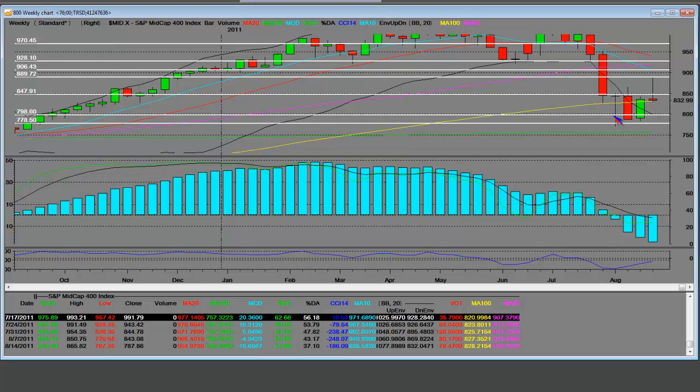And when we did hit that bottom, we had that big wick up, but now we had a big weekly sell wick within this whole 4-week structure in the S&P MidCap 400 weekly index.